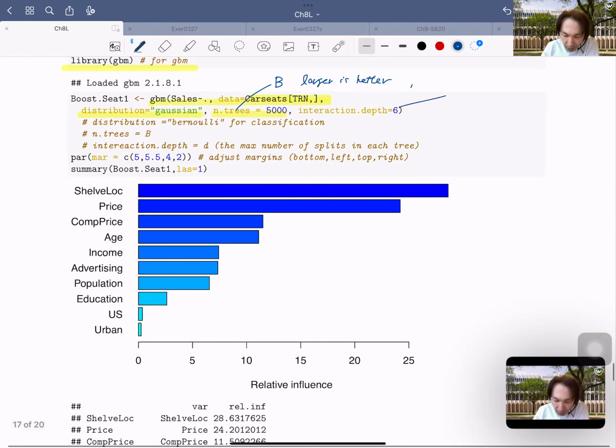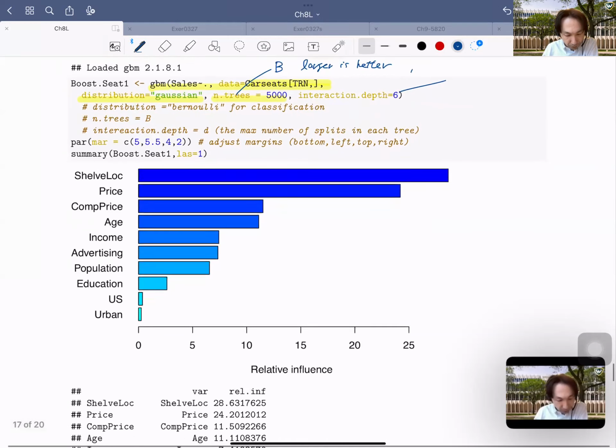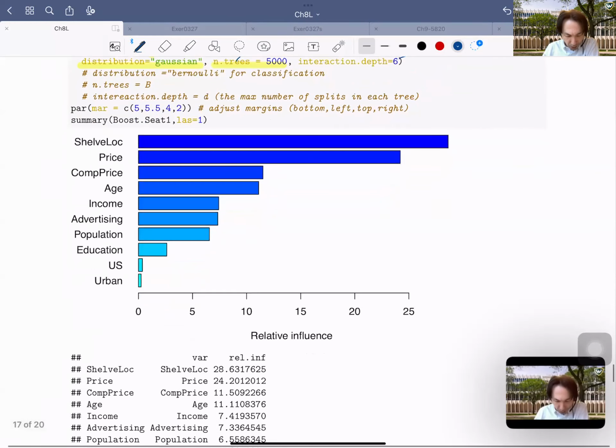And this is the interaction depth, basically the number of predictors allowed to make each tree. The textbook suggests the interaction depth is usually 1 or 2 in many examples, but for this one, 6 was actually optimal when I fit the model.